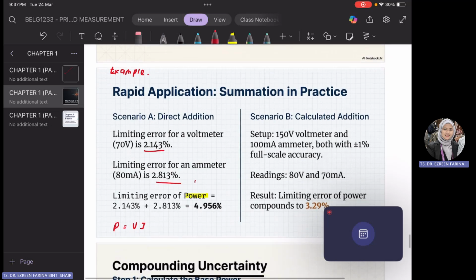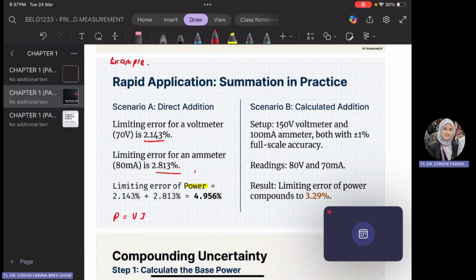Okay, so next example, scenario B. You have a 150 volt voltmeter and a 100 milliampere ammeter, both with 1% full scale accuracy. The readings are 80 volt and 70 milliampere. You are required to calculate the limiting error.